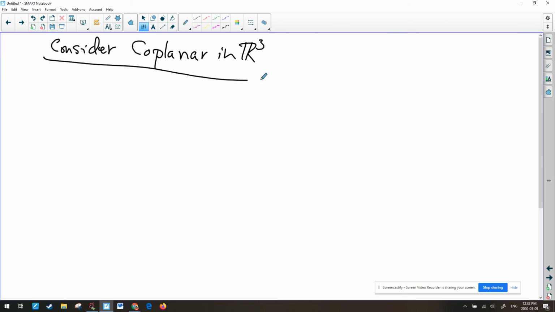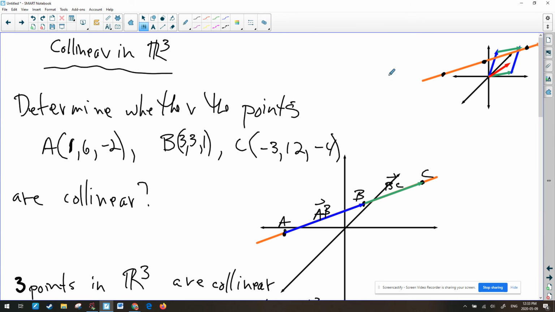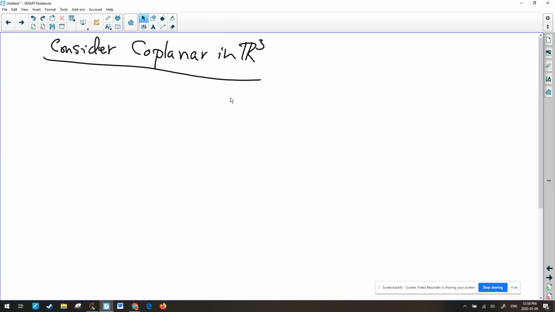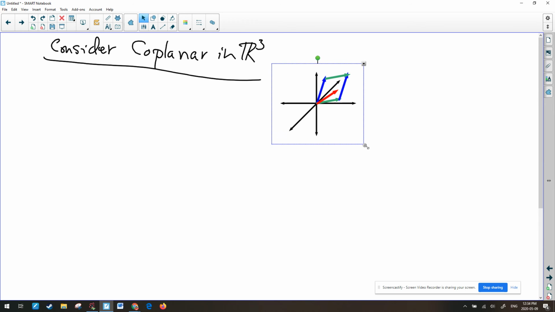I'm going to go back and grab that diagram we had earlier because I think it would be useful here. I'm going to copy that and put it in here. Oh, it doesn't work like that because it isn't a smartboard. Right click, paste.